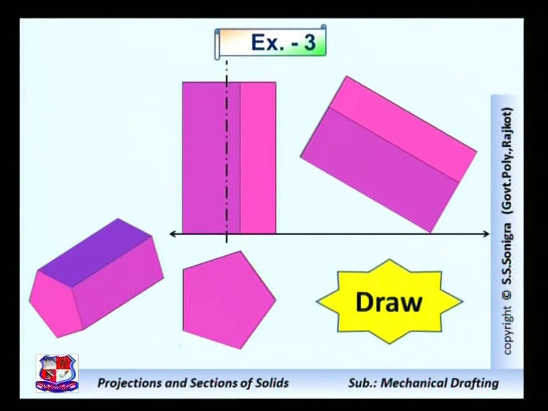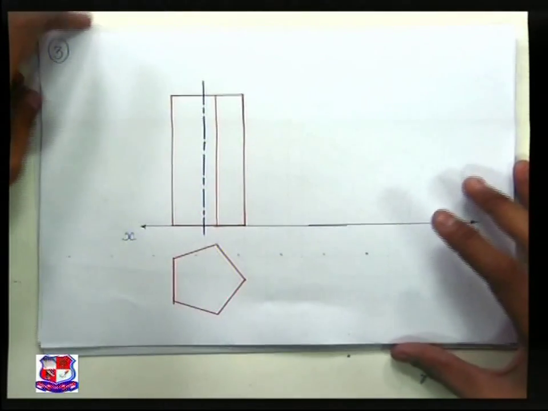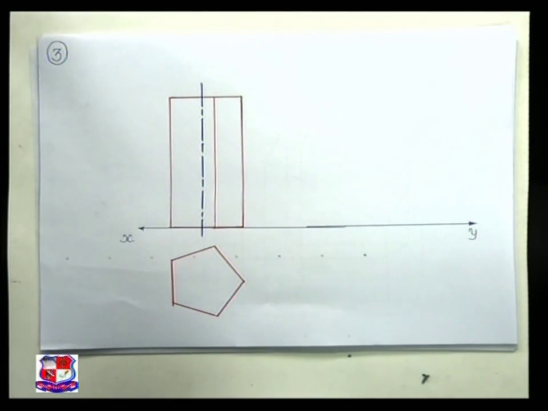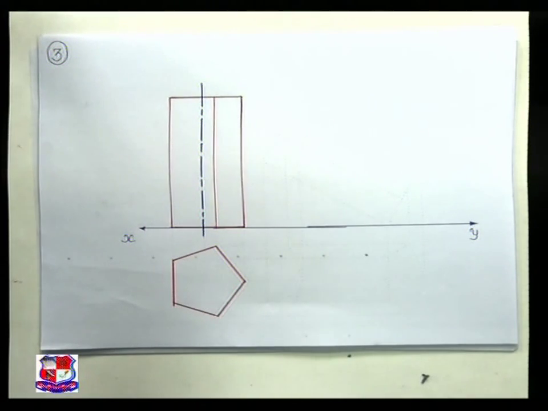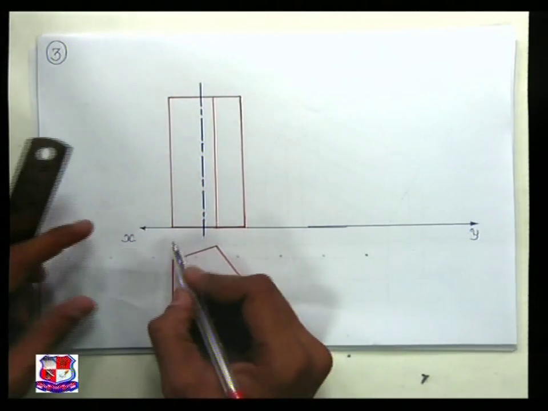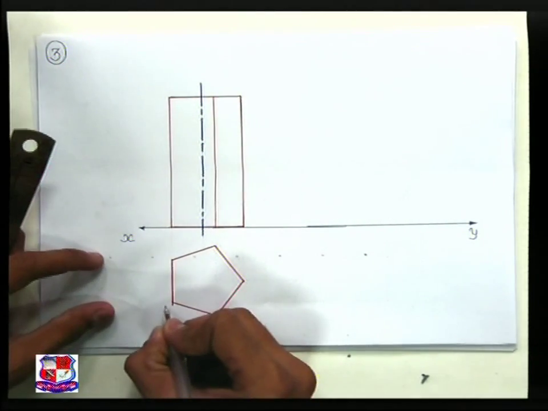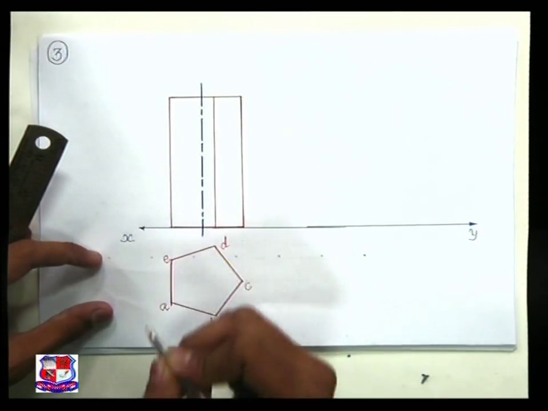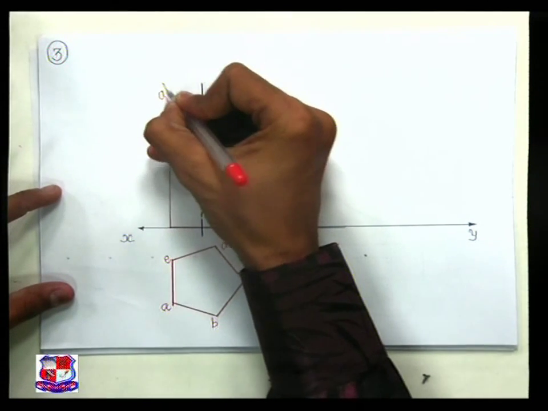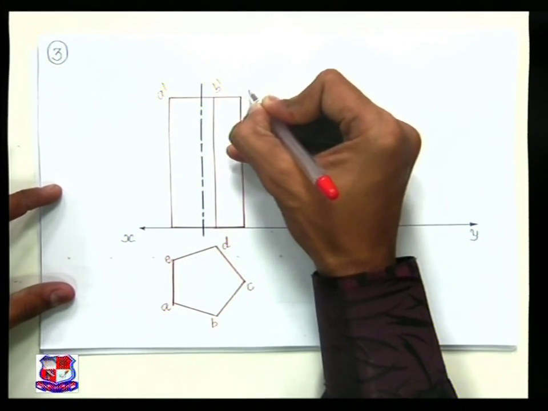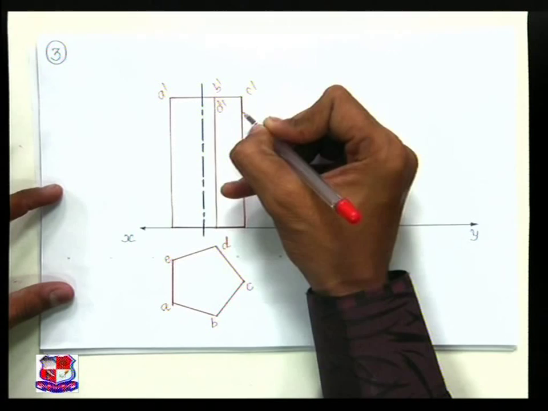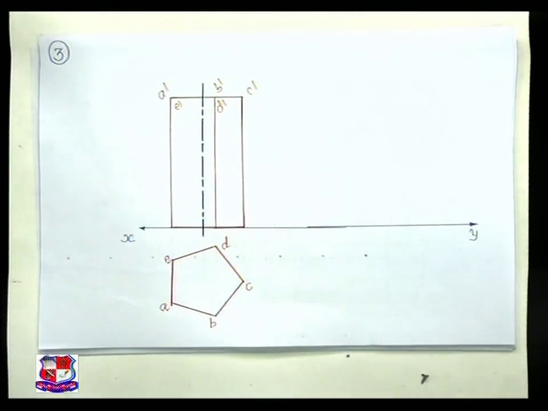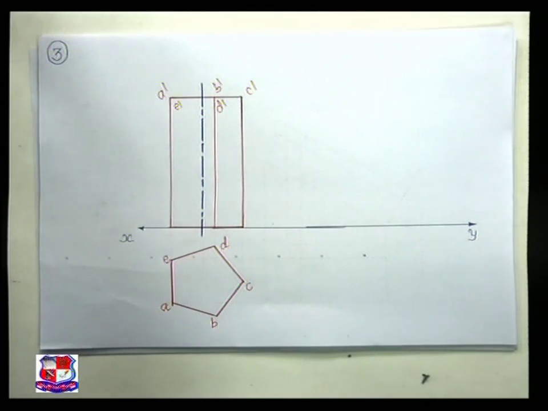We know how to draw this solid up to this step. First we draw pentagon below XY line in such a way that its one side is perpendicular to XY line. Name the endpoints, say A, B, C, D and E, and in top view A dash, B dash, C dash, D dash and E dash, and locate its axis, that is center line.